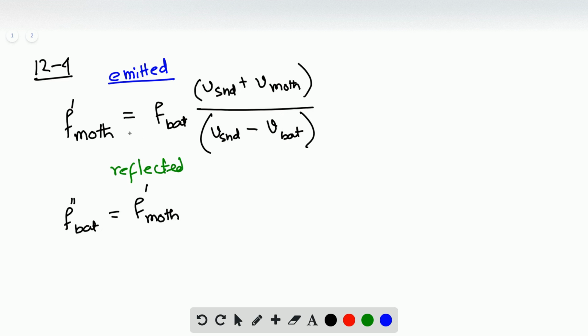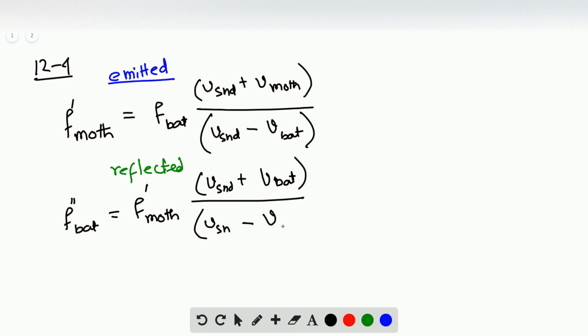Since the frequency has changed now, this will be our source frequency, and then speed of sound plus velocity of the observer, divided by speed of sound minus velocity of the source.